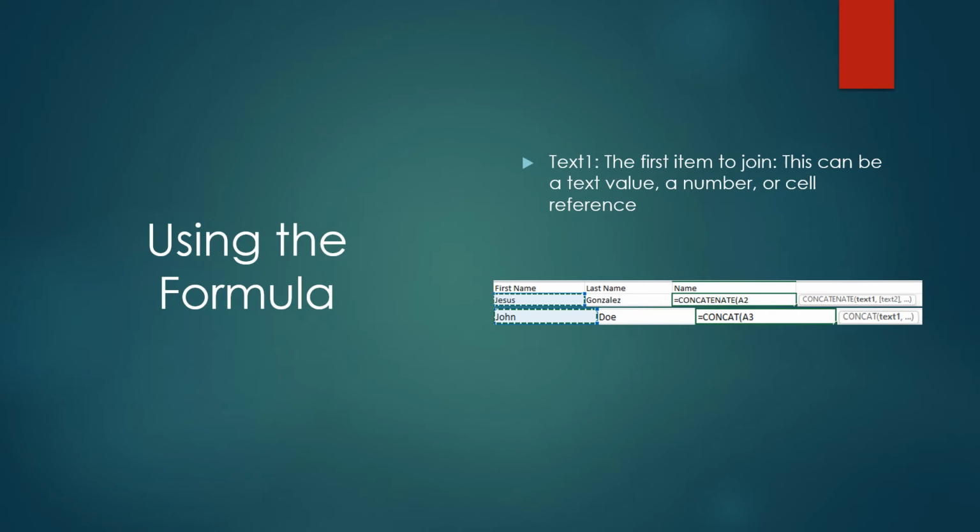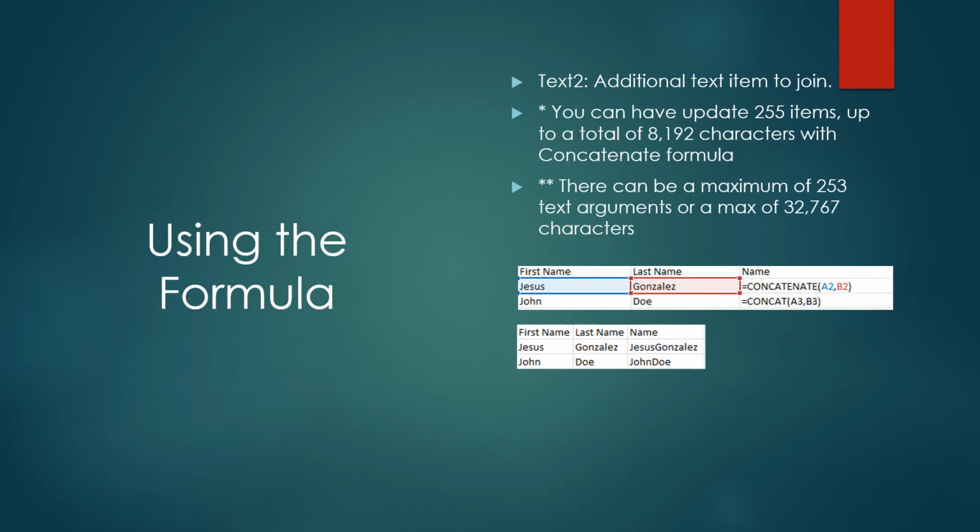After indicating the start of the formula, we then go to our first field, which is text 1. This will be the first item to join, which can be a text value, a number, or a cell reference. Next, we look at text 2, which is the additional text item to join.